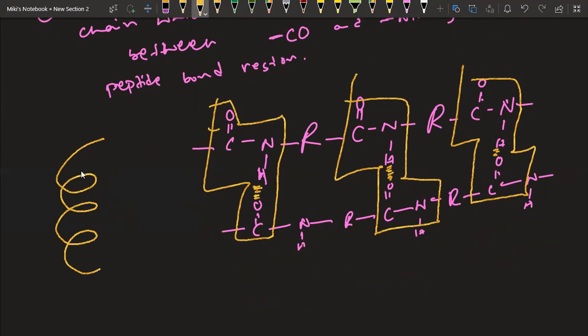Now in one of the chains, let's say there's this carbon and the nitrogen bonded in this chain. I'm just drawing that specific portion of the chain structure. And similarly, this was the other portion where there was this carbon-oxygen bond and nitrogen and hydrogen. It goes on like this.